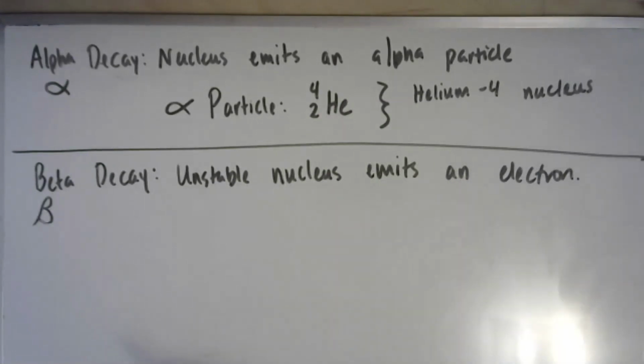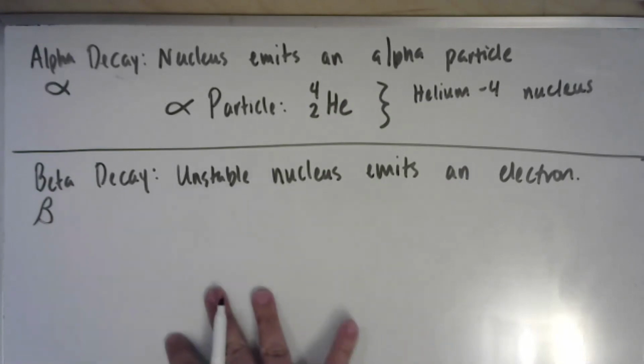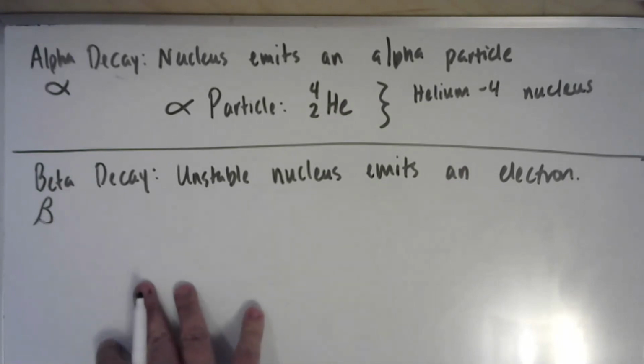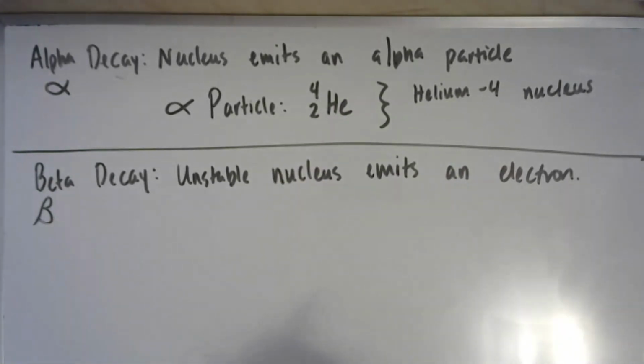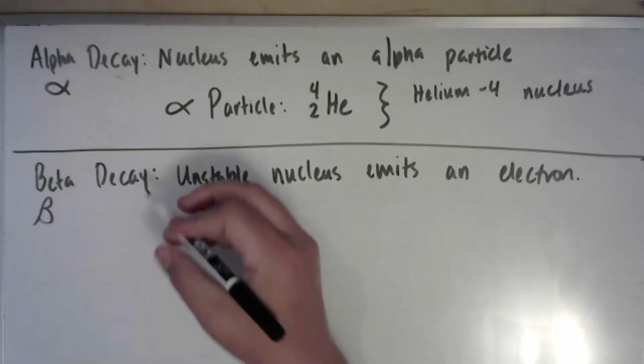You might be thinking, well, that doesn't make sense because there are no electrons in a nucleus. But what happens when you have an unstable nucleus is that a neutron can actually change into a proton. And when it does that, it ends up emitting an electron. That's how beta decay is going to work.